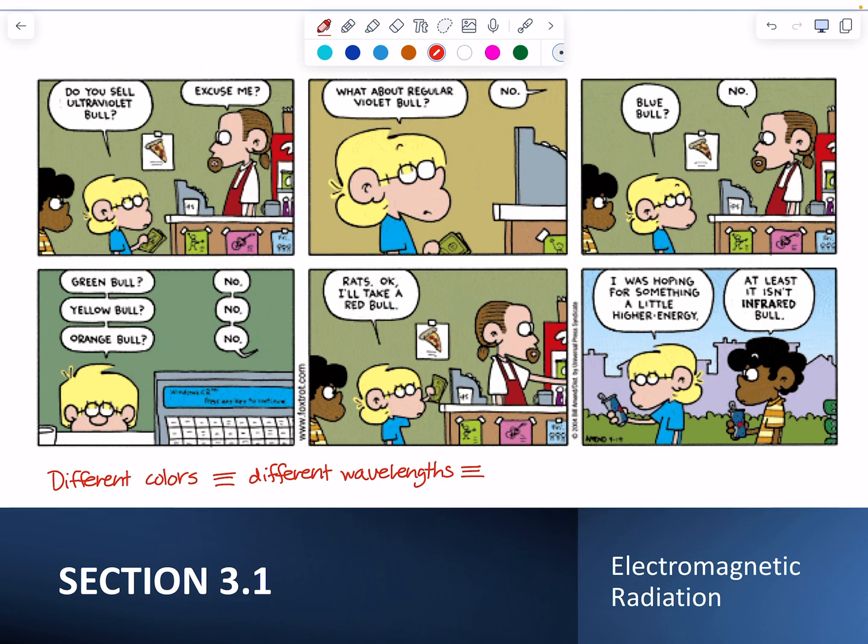And there's also something called frequency. Different wavelengths have different frequencies because all light travels at the same speed.